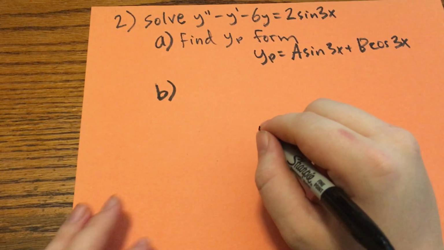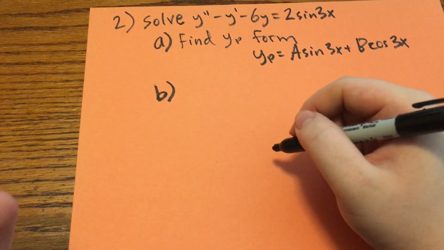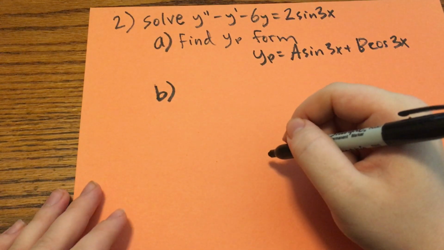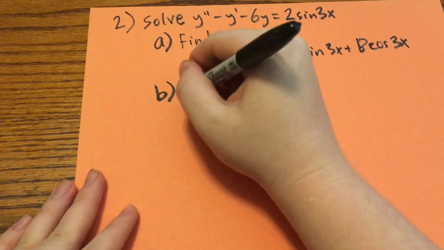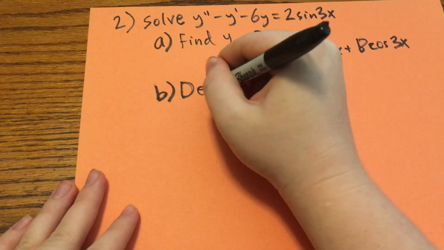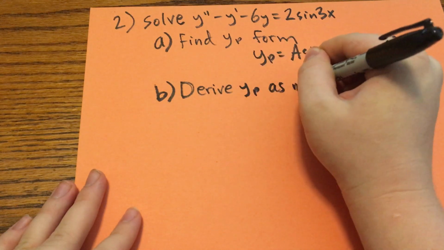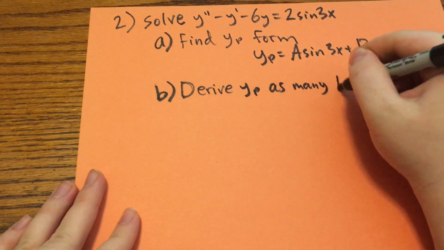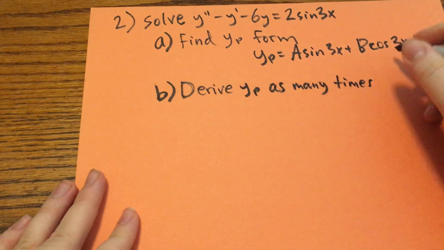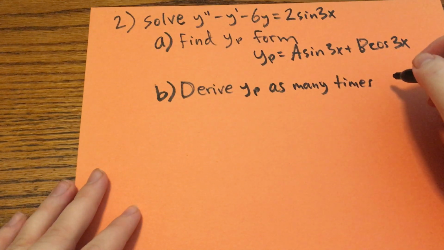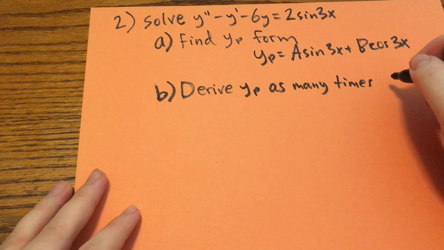Part B, or the second subset of this process, I guess, is to derive what we just found, y sub p, as many times as y is differentiated on the left the most times.